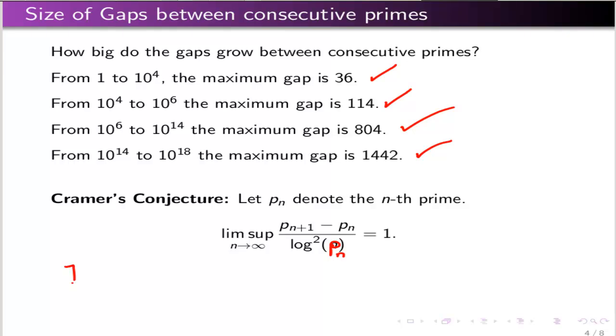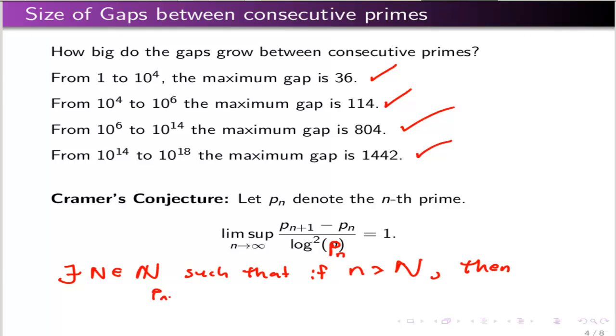So there exists some capital N in the natural numbers such that if n is bigger than capital N, then this fraction is less than 1 plus epsilon. And this N would depend on epsilon here.